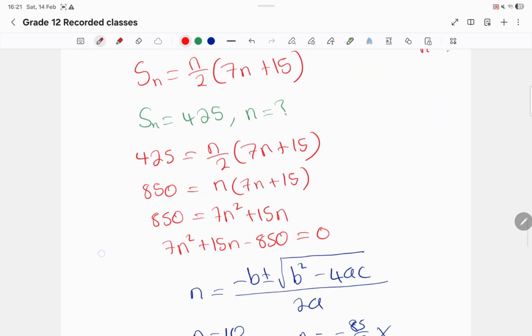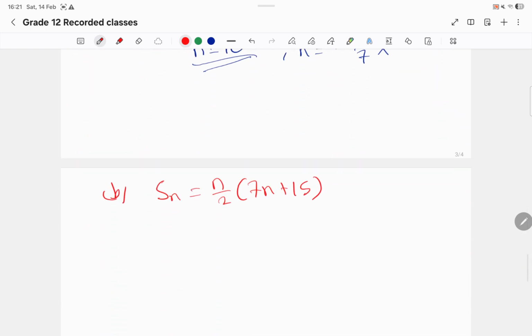Yes. So remember here we are looking for T6. That's what we are looking for. But you do know that when you want the sum of the first 6 terms, the sum is also given by this formula, which is n over 2 (a plus l). l is your last term, a is your first term, and n is the number of terms that you're adding.